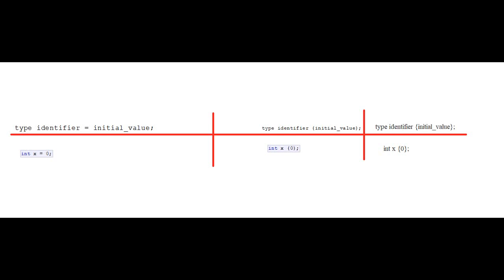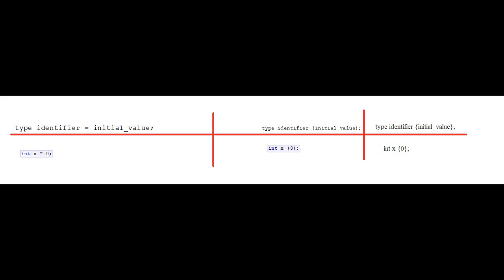The first one, at the left side, known as C-like initialization, because it is inherited from the C language, consists of appending an equal sign followed by the value to which the variable is initialized. A second method, known as constructor initialization, introduced by the C++ language, encloses the initial value between parentheses.